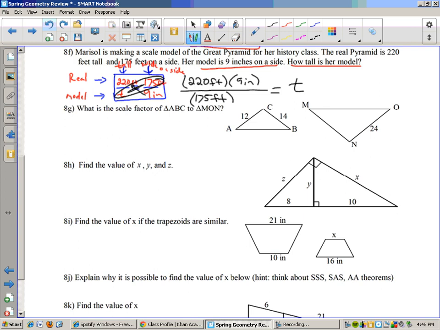That's a little bit of crazy math, Mr. Conaway. Where are you coming up with this stuff? Well, the feet over the feet are going to reduce to 1, and then I'm going to cancel out, and I know a 5 can go into those, but I'm just going to ask for my trusty calculator here to say 220 times 9 divided by 175. 392 over 35.